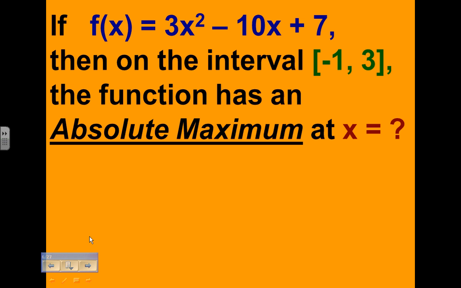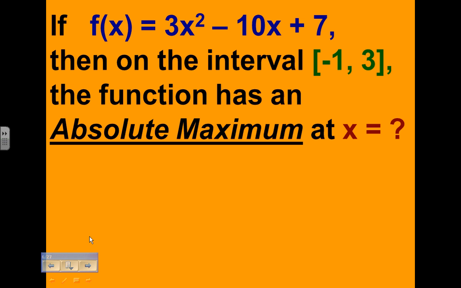Remember, on a closed interval, there's three things to do. First, calculate the y values of the endpoints. Second, set the derivative equals 0 and calculate those y values. And third, compare all the y values you got to see which one's the biggest.